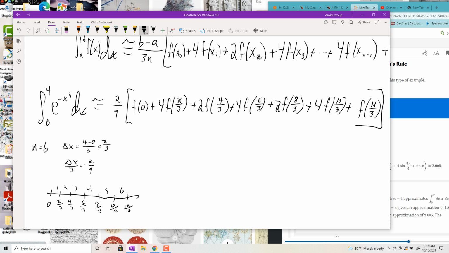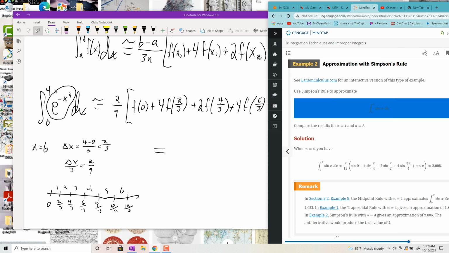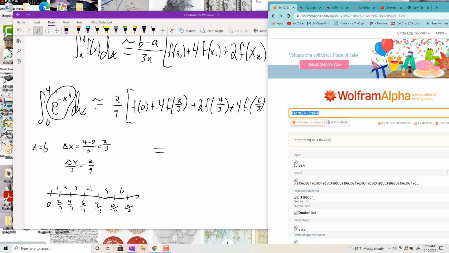Okay. Then I plug those all into my f of x, which is this right here, and I'm going to type this into Wolfram. Hopefully I can do some copying and pasting as well. So what is it? It's 2/9 times some big mess.